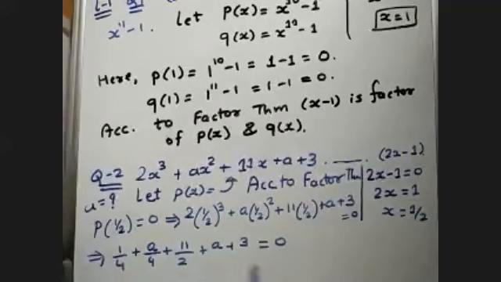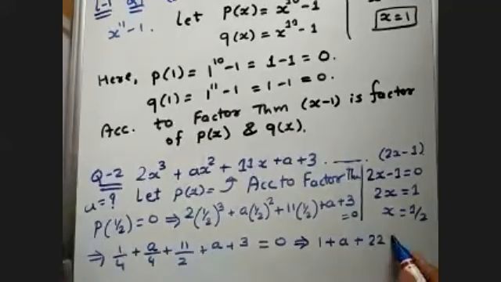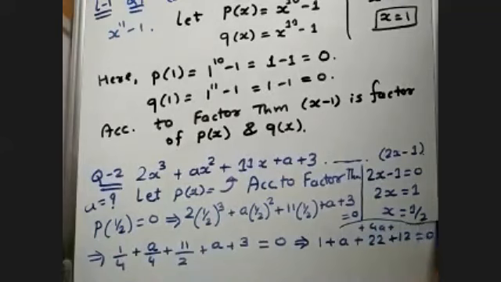So this will be reduced to 1 plus a plus 11 2s are 22 plus 4a plus 4 3s are 12 equal to 0, because whole divide by 4, if it will go to RHS, it is going to become 0.